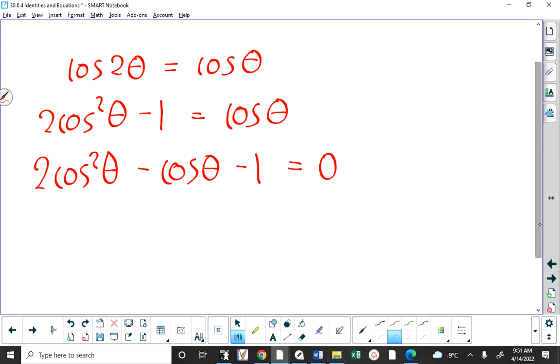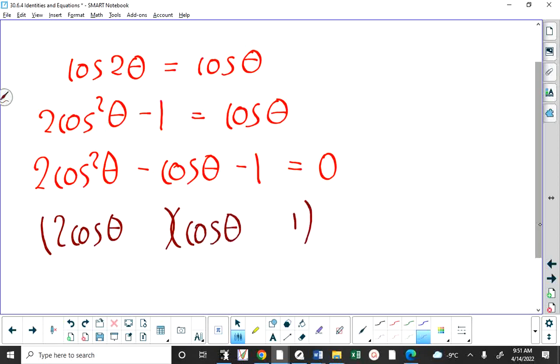We can factor this. Let's see, 2 cos theta. I'm assuming it's factorable. It's got to be 1 and 1. We want, when we FOIL this out, to get negative 1 cos theta. So I believe if we do this, FOILing it out will give us, for the outer product, negative 2 cos theta.